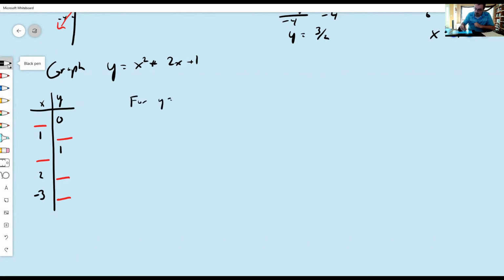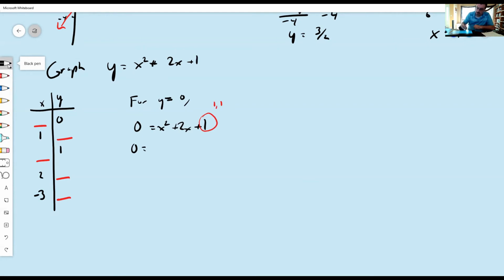For y equals 0, you have the equation 0 equals x squared plus 2x plus 1. Since the degree of this equation is 2, or has a highest power of 2, I have to factor. The factors are 1 and 1, and they add to 2.